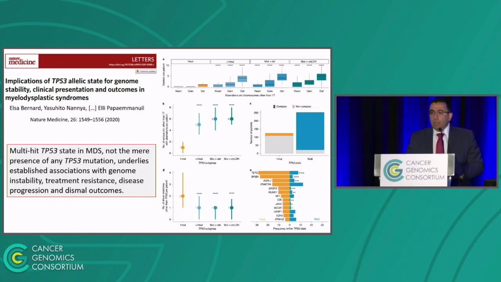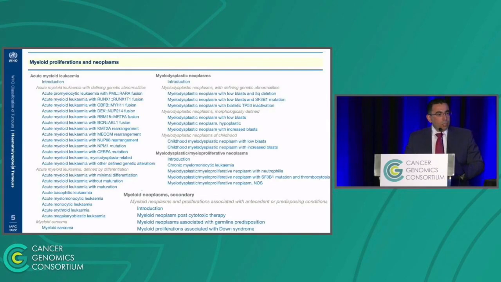And it was clear based on this study, which now is the basis upon which, as you will see, the classification of MDS has been reformulated to say that it is the multi-hit P53 state and not merely the presence of a P53 mutation that determines or imparts, again, as we said earlier, a unique genetic signature to MDS.